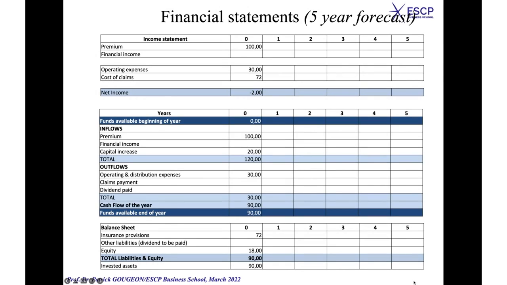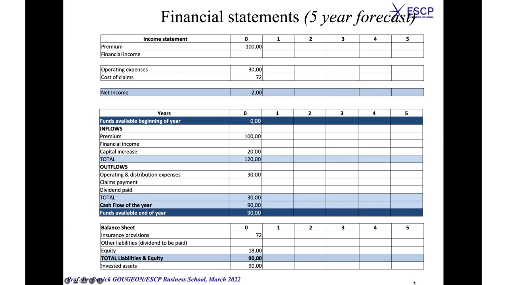Okay, what about the outflows? In year 0, you only have the operating and distribution expenses, 30% of premium, because we said in our assumptions that the operating expenses were paid immediately when you collect premium. Since you have indicated 100 of premiums in year 0, immediately when you start, you should also assume that you are going to pay 30 out of that.